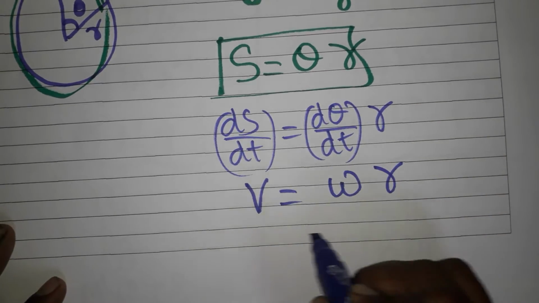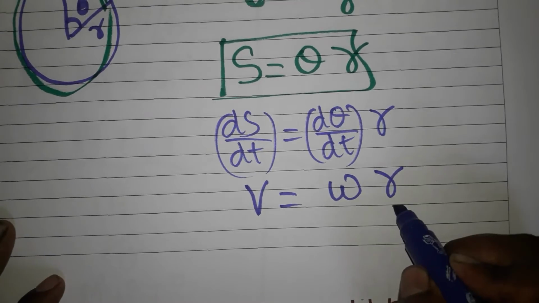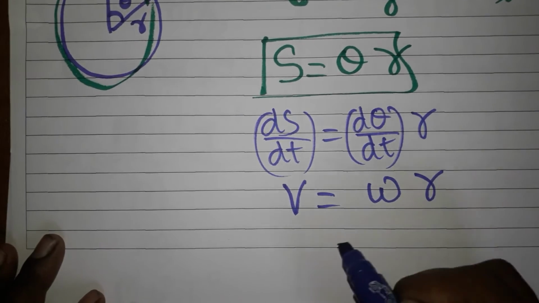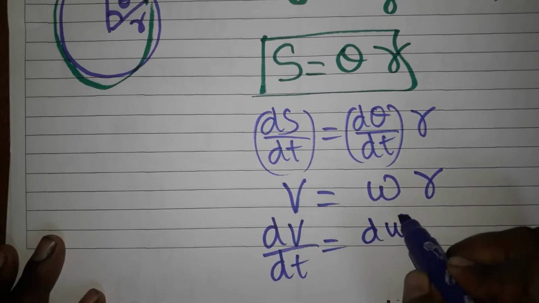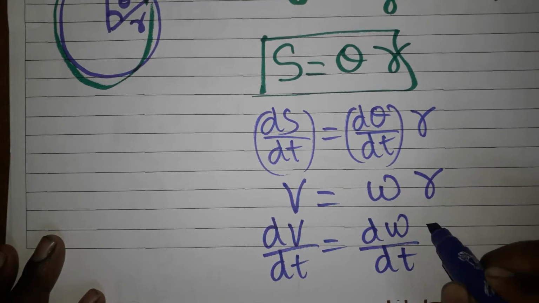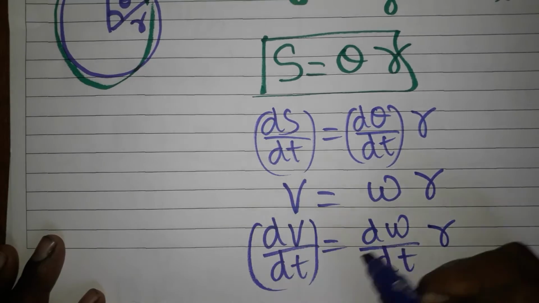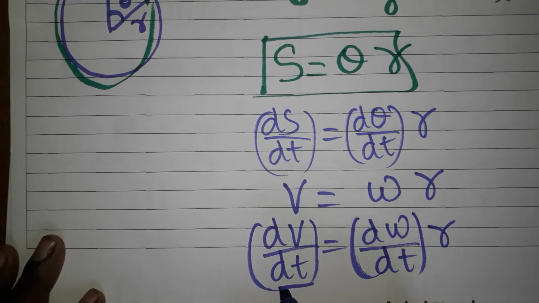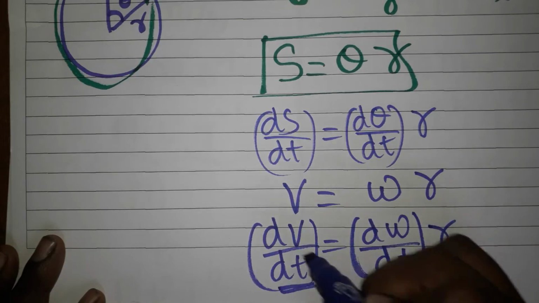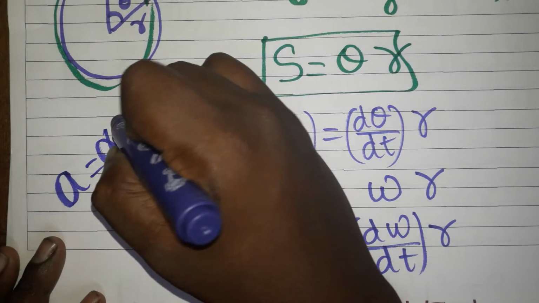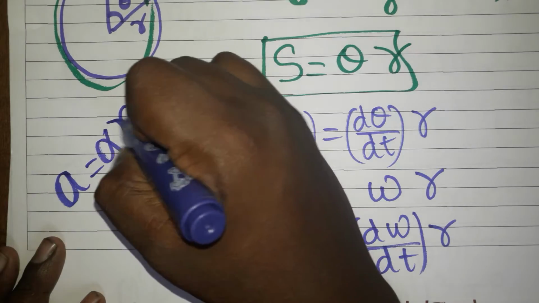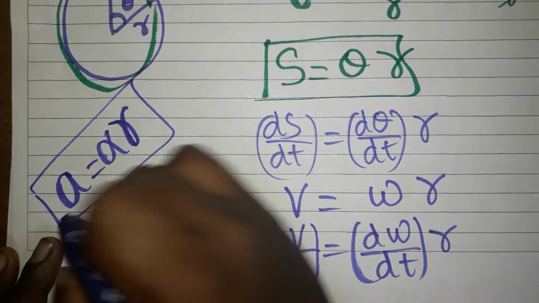Again I am differentiating this equation. What can I get? dv by dt is equal to d omega by dt into r, the radius of the circle. This is the change of angular velocity with time, so a is equal to alpha times r. It's a very important relation.